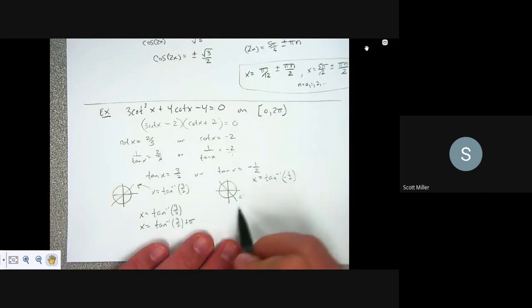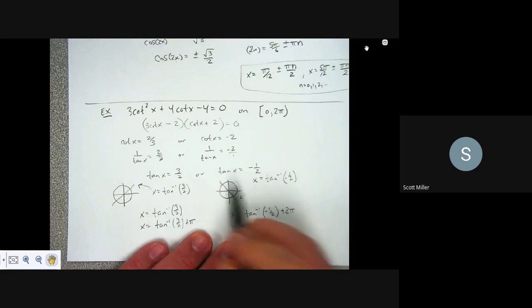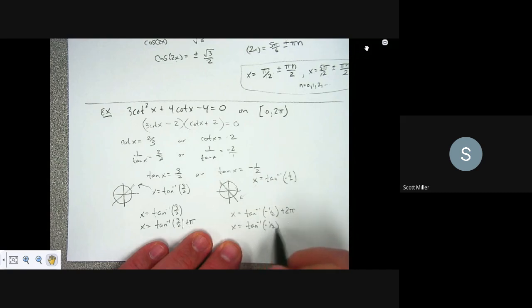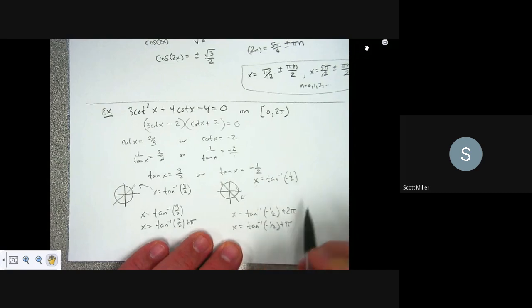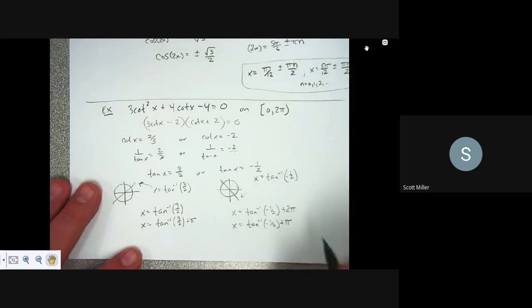And so then to make the right answers, I just take this quantity, add 2 pi, and then to get this answer over here, take the same quantity that we have and simply add a pi to it. So this is the one in quadrant 2. This is the one that's in quadrant 4. This one here is in Q2, and this one is in Q4, just so you know.